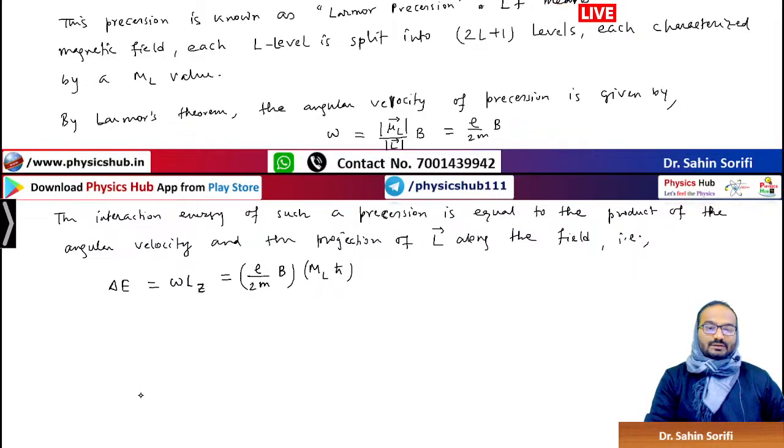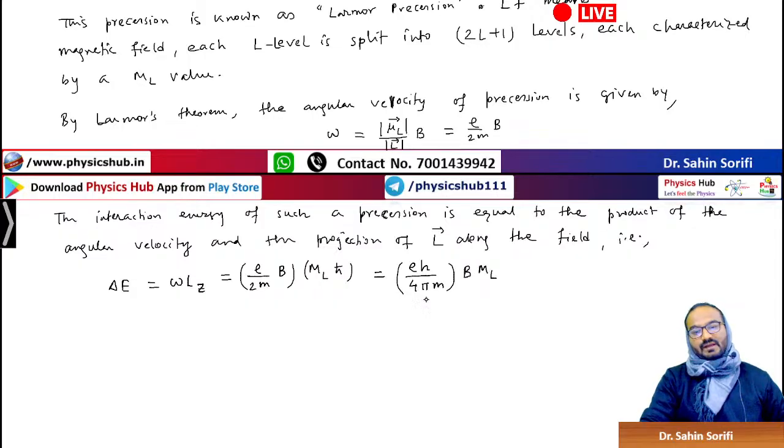So what is this value? If we write in terms of h cut equals h by 2 pi, so e h by 4 pi m into B times ml.